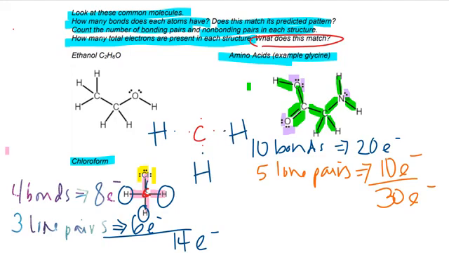And then we show that it is bonded to a chlorine. Let's make that a different color. Chlorine, we know, has 7: 1, 2, 3, 4, 5, 6, 7. So let's look at how this lines up.